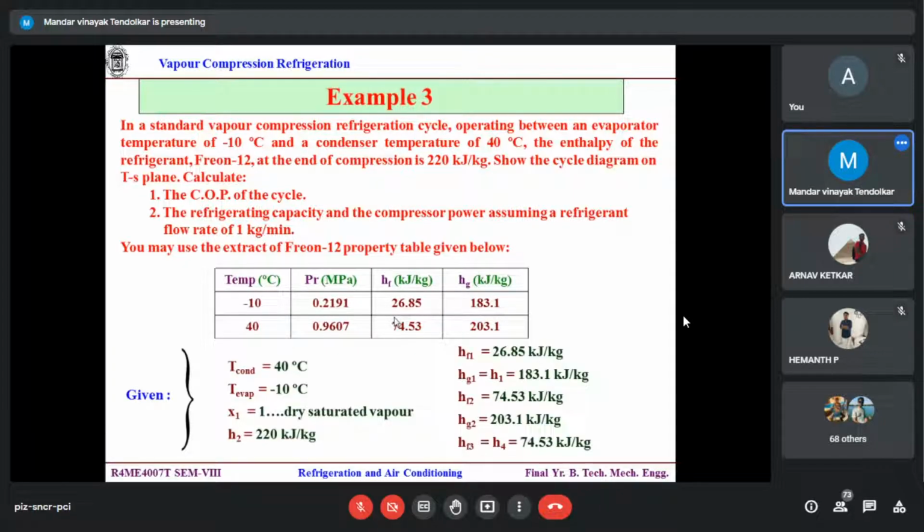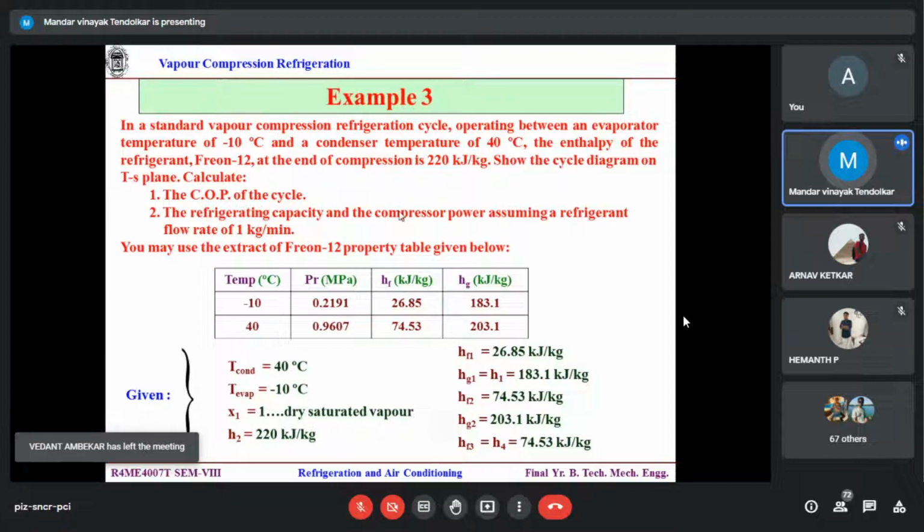Correct. So T condenser 40 degrees, T evaporator minus 10, X1 equal to 1. As I told you, standard vapor compression means compression starts as dry saturated and expansion starts as the saturated liquid. No subcooling, no nothing.